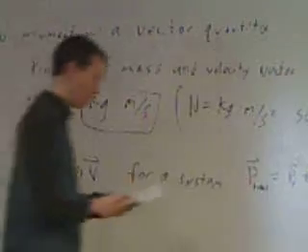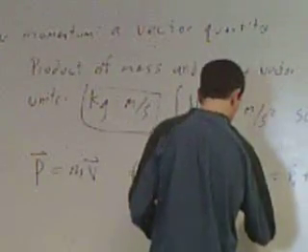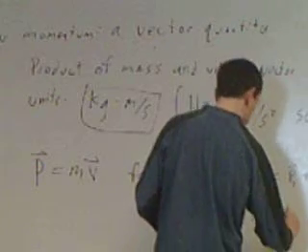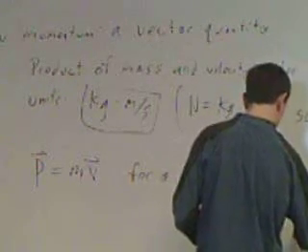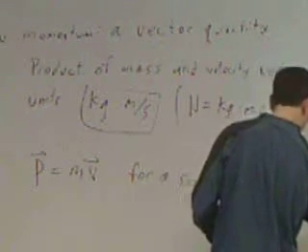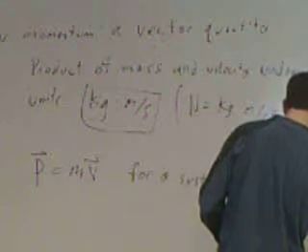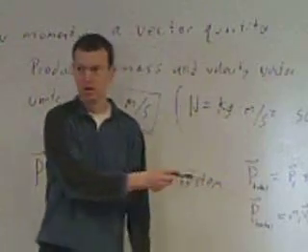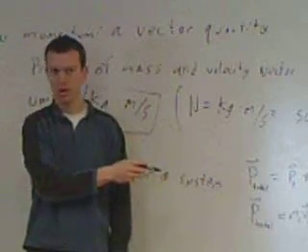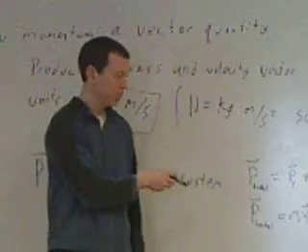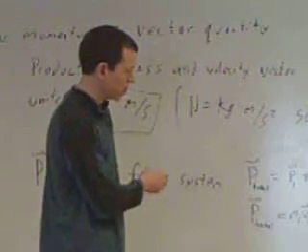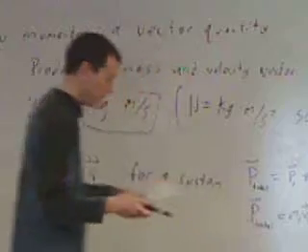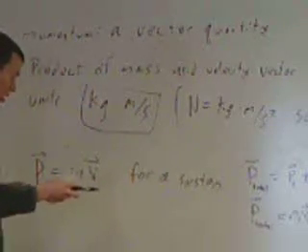And so it's also the same thing as saying the momentum total equals mass 1 V1 plus mass 2 V2 plus however many you've got. Again, these are vectors. Okay? So direction matters. Direction matters for V1 and V2 and so on.